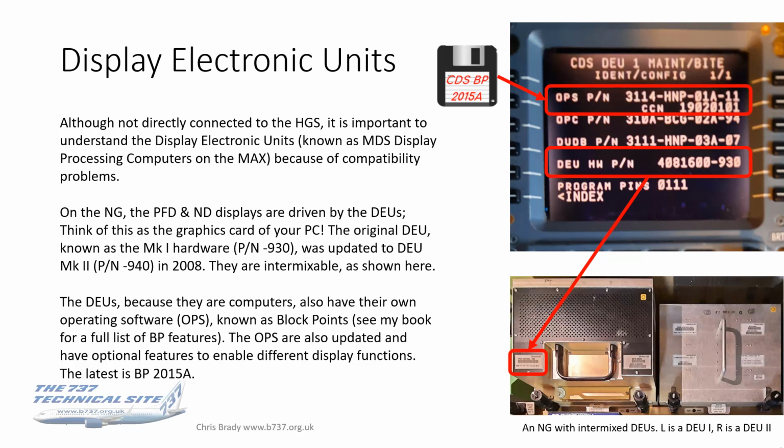They're known as the MDS, the display processing computers on the Macs, because of compatibility problems. Now, on the NG, the PFD and ND displays are driven by the DEUs.